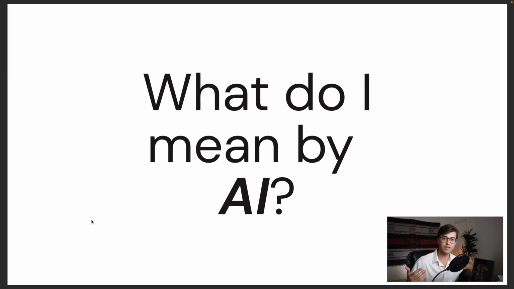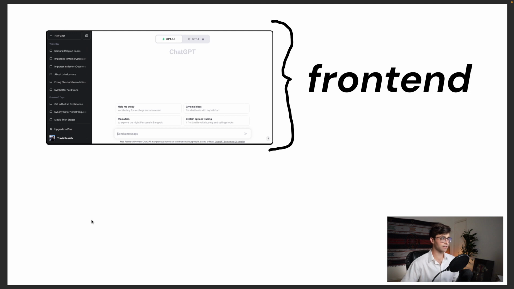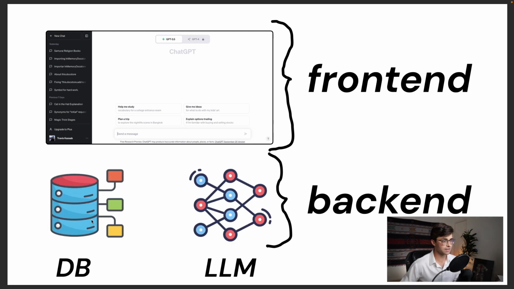To start out with, what do I mean by AI for the purpose of this talk? Well, we can level set with something we are all familiar with, which is ChatGPT. Thinking about its application architecture, it has a front-end user interface, and it also has a backend. If we really simplify things, it has a database on the left that persists conversations between humans and the AI.